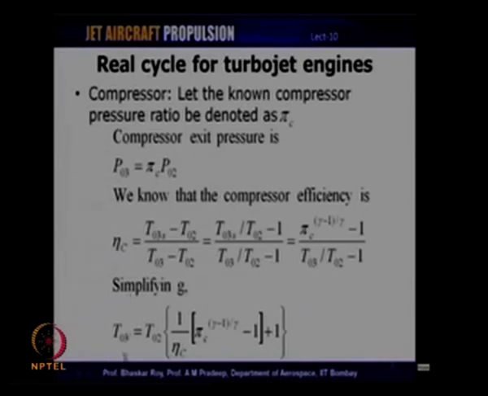T03 is equal to T02 multiplied by 1 by eta c, which is the compressor efficiency, into pi c raised to gamma minus 1 by gamma, minus 1, plus 1. So, this gives us an expression for calculating the stagnation temperature at the exit of the compressor.